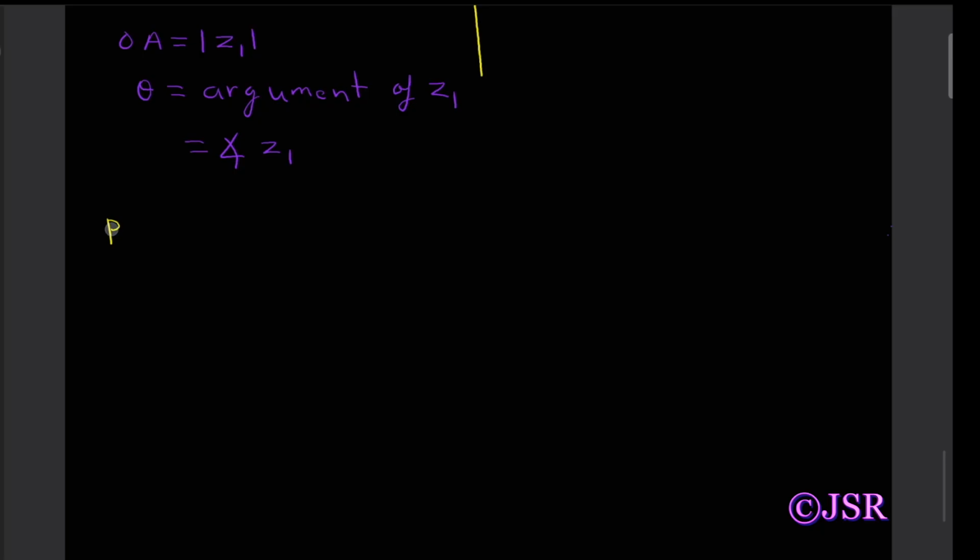So in property P7, let z equal to z1 into z2.